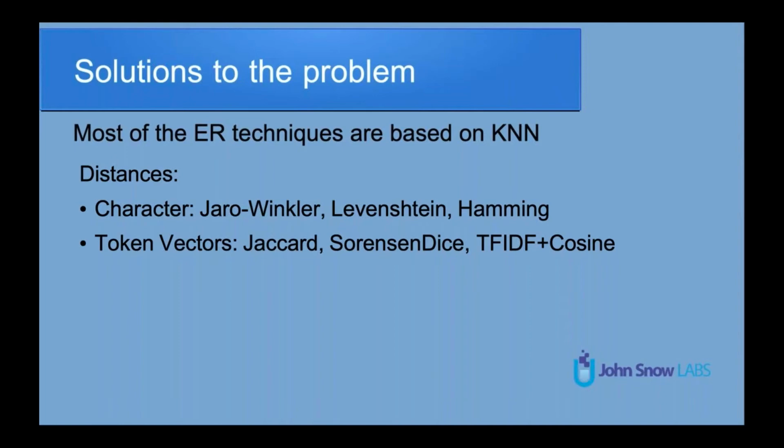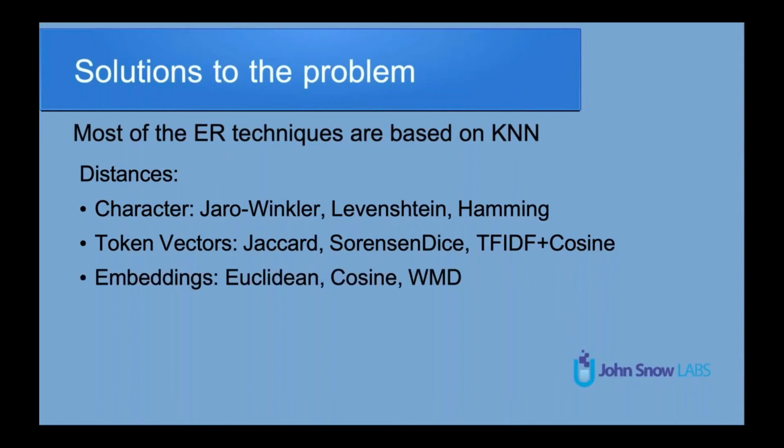And TF-IDF plus cosine basically uses the TF-IDF vectors and then calculates the cosine similarity between them, to find a distance out of that index. As you may know, the cosine similarity is basically the dot product of both vectors divided by their magnitudes multiplied.